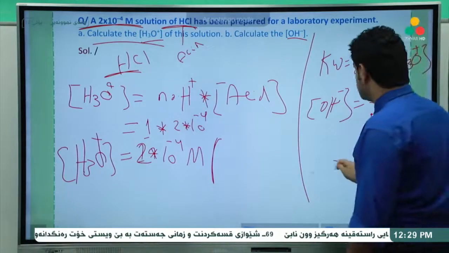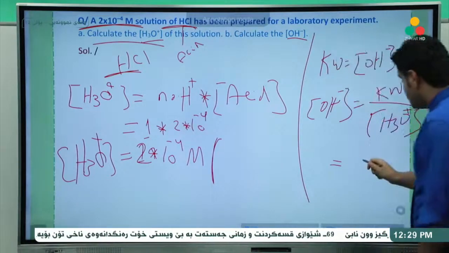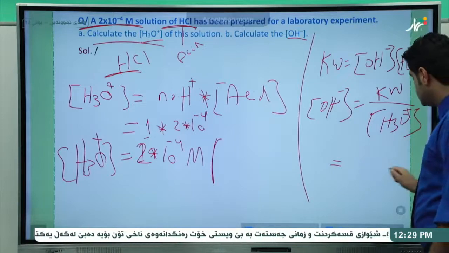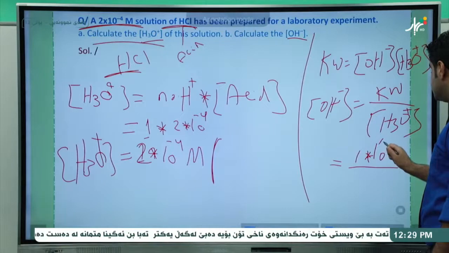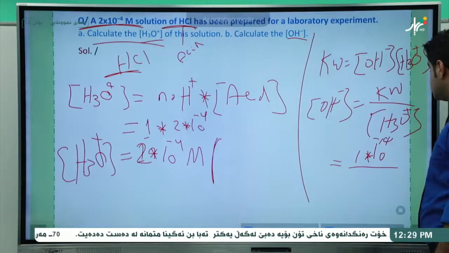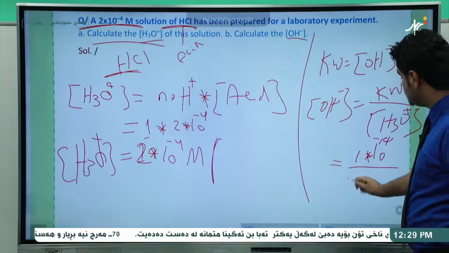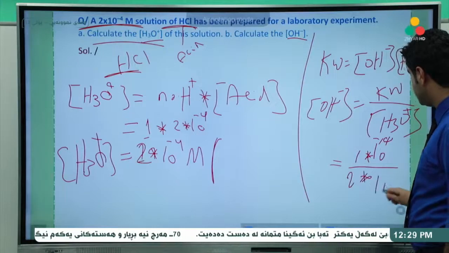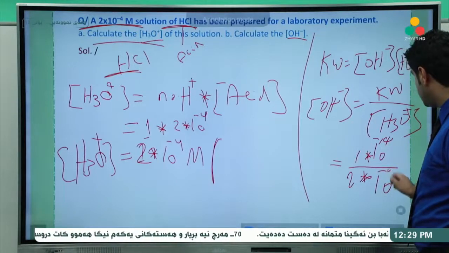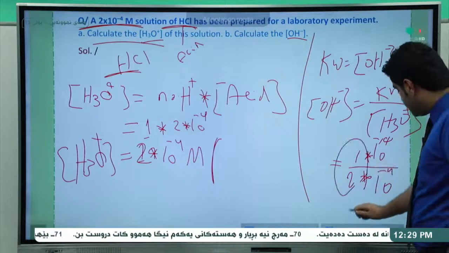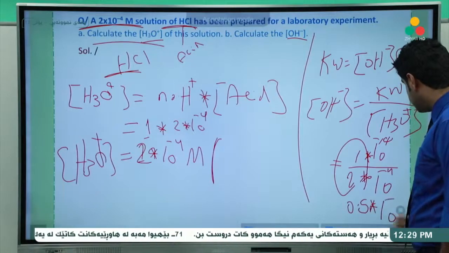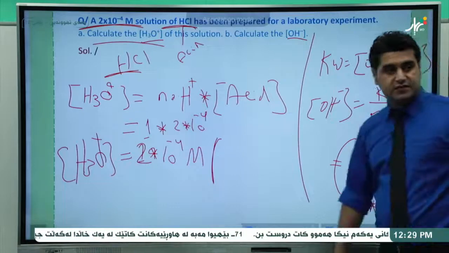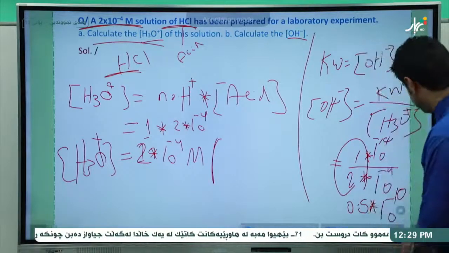So OH is equal to 1 times 10 to the negative 14 divided by 2 times 10 to the negative 4. So it will be 0.5 times 10 to the negative 10. It's very easy.